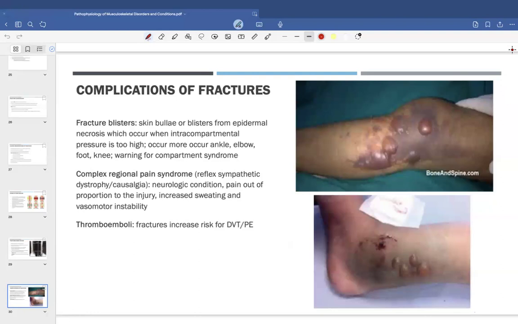And yes, you have different causes like staph, which can release an exfoliative toxin. You have different toxins that can do it. And in this particular case, it's high pressures. Okay, and so fracture blisters are an early sign and warning for compartment syndrome. Okay, tell me what compartment syndrome is.